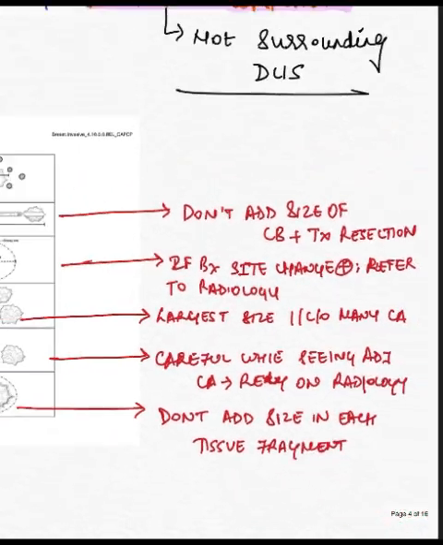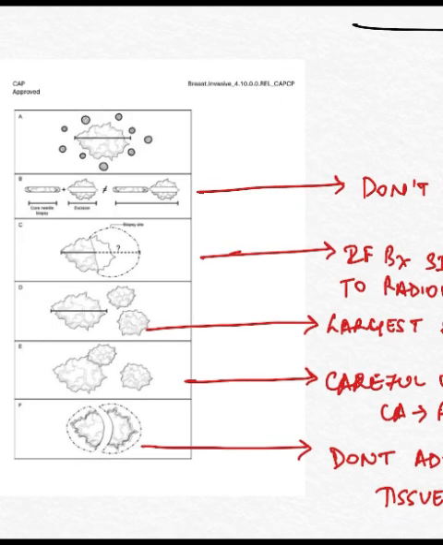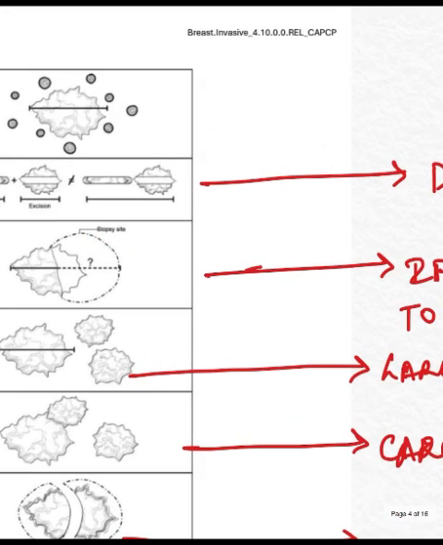Now, suppose you see that the biopsy site has changed. For example, the surgeon has written that the right breast is affected, but on the histology specimen, that is on the gross specimen, you find that the left breast is affected.